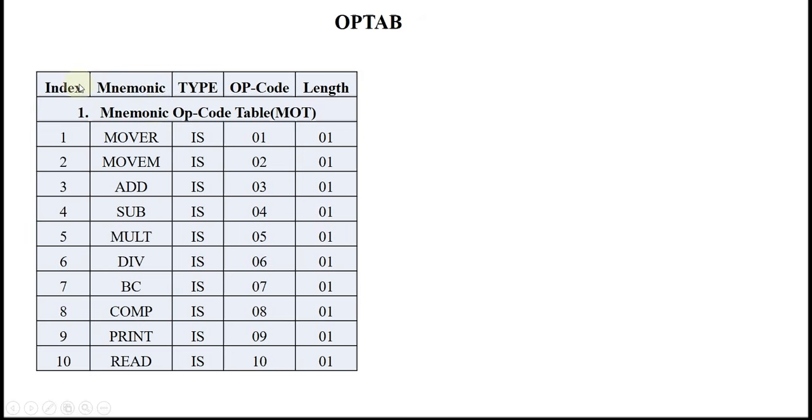Here is the data structure: mnemonic, the name of the instruction, and type, which is imperative statement, declarative statement or assembly directive. Imperative statement we indicate as IS. Opcode, we are assigning numbers for every instruction. For imperative statements, these are the numbers. Move R has 01, move M 02, and in this way.